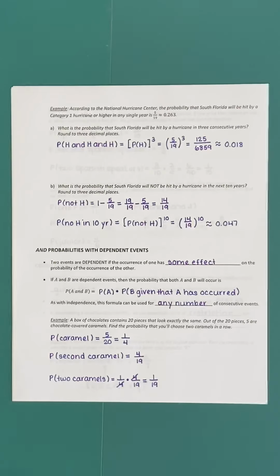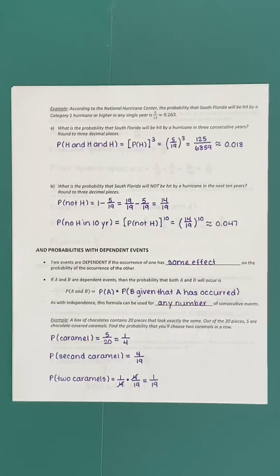So any sequence of events in this particular situation is going to be a sequence of dependent events. So all we have to do when we calculate the sequence of probabilities is take into account the effect that the previous events had on the individual event that we're looking at at any particular time.